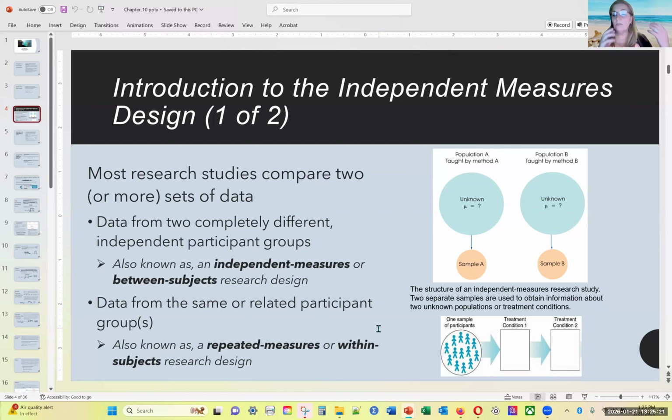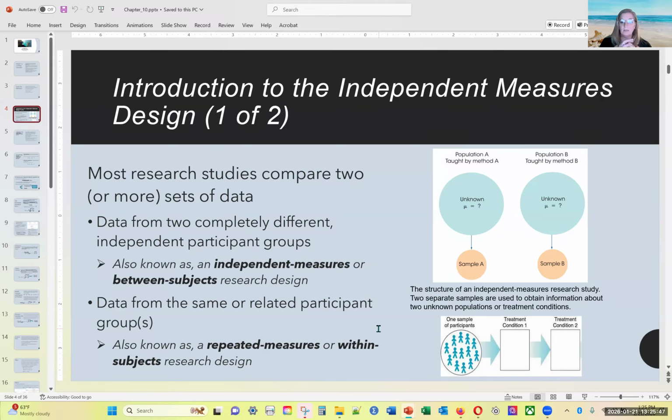Now, and this is usually how most studies are designed, we usually will collect two samples from the population of interest. We would collect data from two completely different independent participant groups, and these are known as independent measures or between subjects designs.